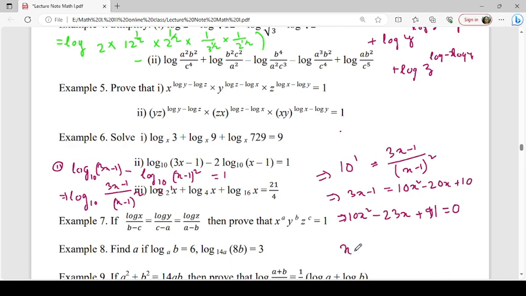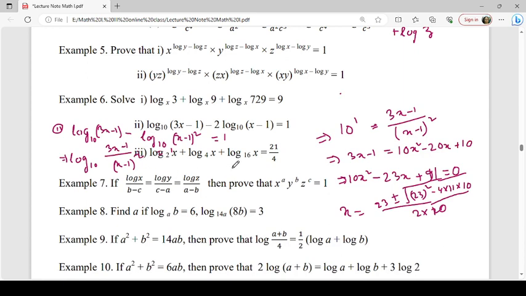So x is equal to minus b plus minus root of b square, 23 square minus 4 into 11 into 10, divided by 2a, which is 2 into 10, and we will have some solutions of this. So this is the way of solving this one.